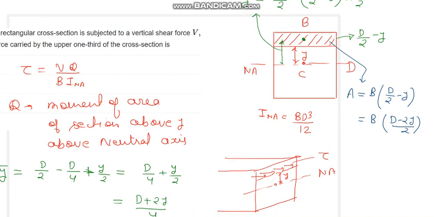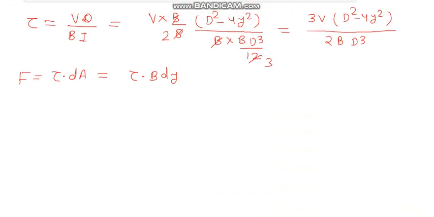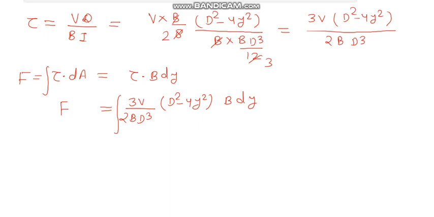Now writing this, force equals 3V by 2BD cube into (D square minus 4y square) into B dy. If we integrate this, we will find the whole force.